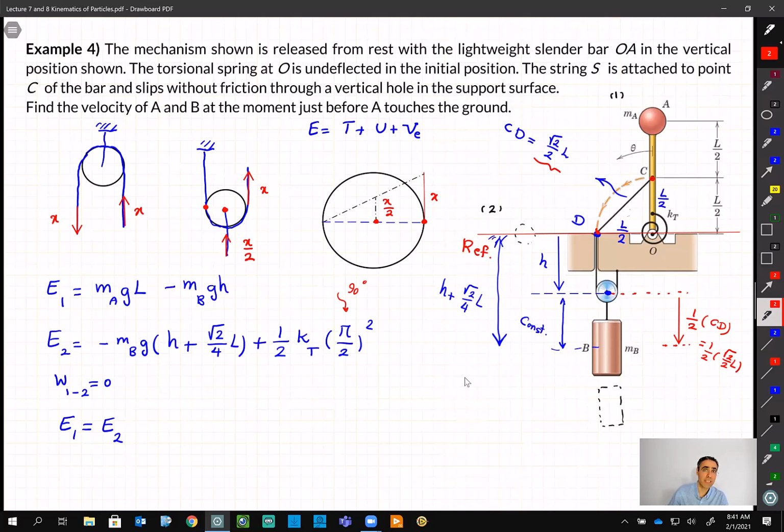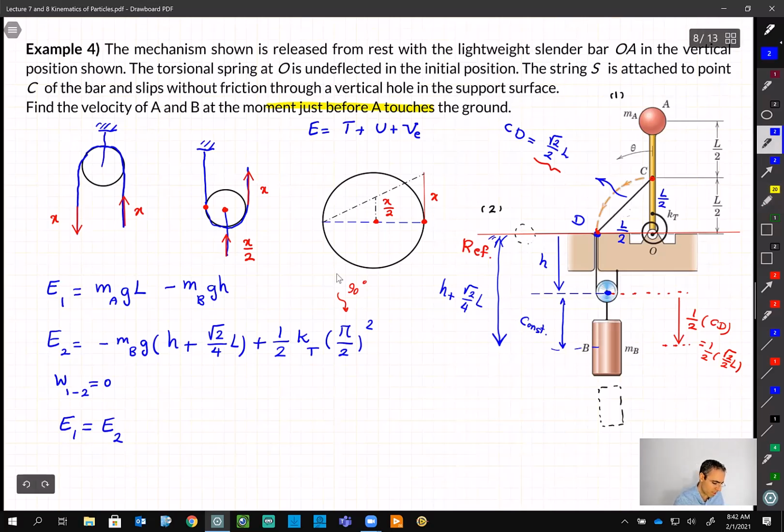Now everything has a speed, right? When these things are coming down, A has a speed, B has a speed. And remember, guys, the question says the moment just before A touches the ground, because the moment it touches the ground, the speed is going to be 0. But we want to know just a millisecond before touching the ground what its speed was.